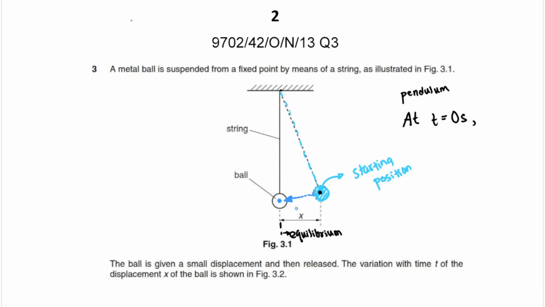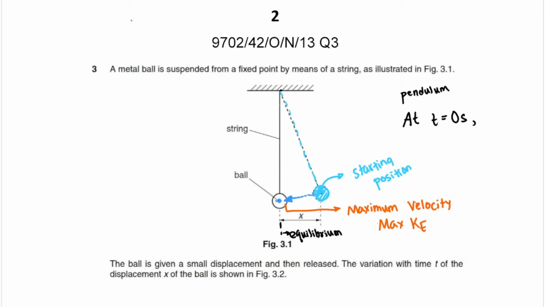Now, as the ball approaches the equilibrium position, all of its gravitational potential energy is converted completely to kinetic energy. So at equilibrium position, we can say that the metal ball has maximum velocity and hence maximum kinetic energy.